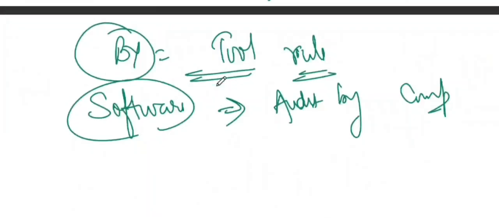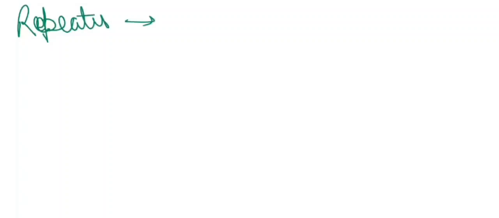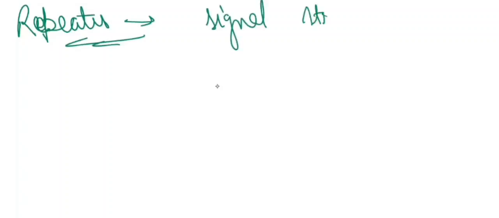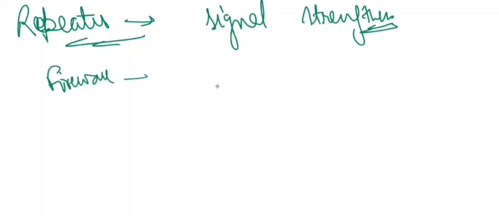If you look at the role of common network devices, there is the repeater. Let me write it down. What is the peculiarity of the repeater? It strengthens the signal: signal strengthening. Then we have the firewall, which does security filtering.